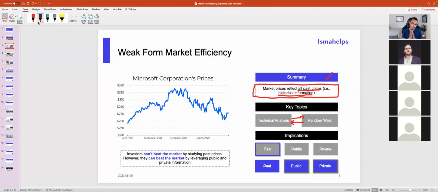Now, the reason why that doesn't work, there could be many reasons, okay? But I guess the common denominator here is that professionals, teachers and academics believe that stocks follow what we call a random walk, okay?